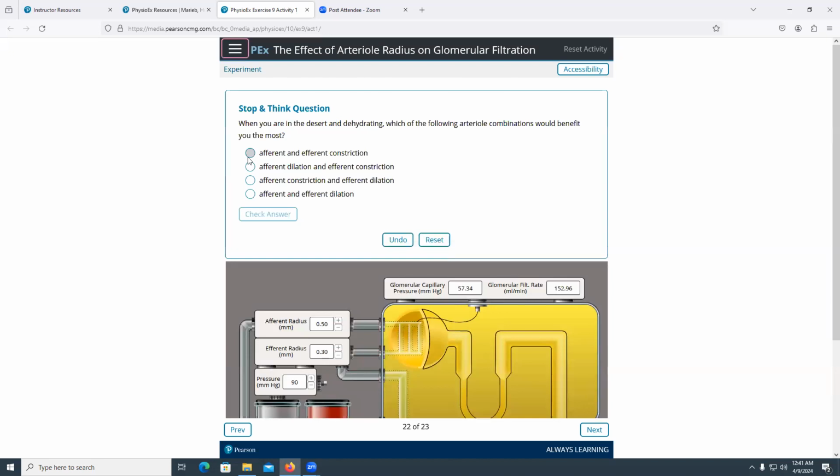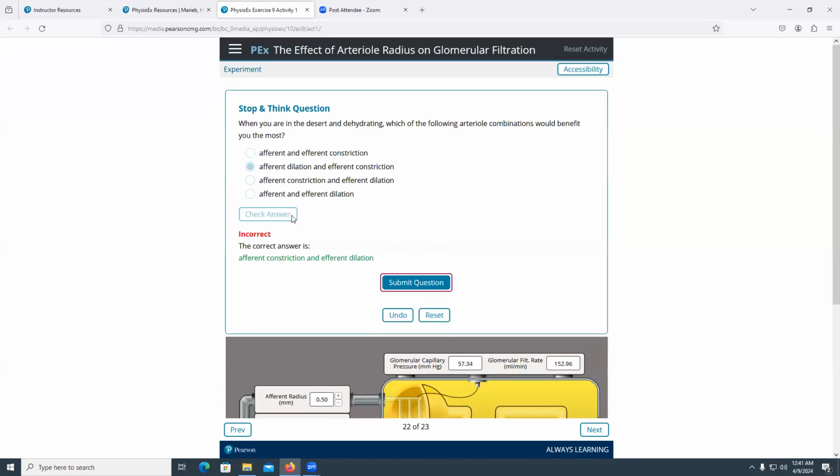So I need to constrict my afferent arteriole to drop my filtration rate, and I need to dilate my efferent arteriole to allow for the escaping of blood from the filtration.